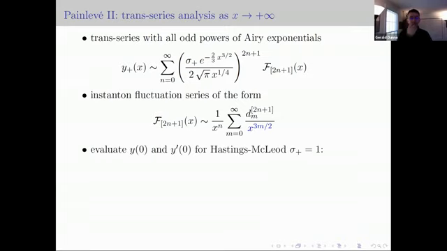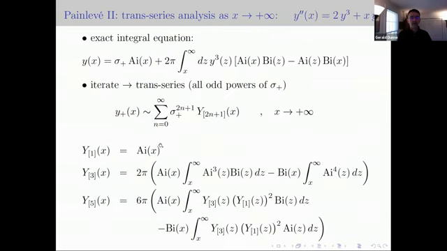Now we can use this. There's an interesting numerical test we can do here, which is we can go back and evaluate y at 0 and y prime at 0, because it just means we have to evaluate this at 0, evaluate this at 0. Well, that's easy. We just have to now integrate from 0 to infinity. The Airy functions at 0 and the derivatives have simple expressions in terms of gamma functions.